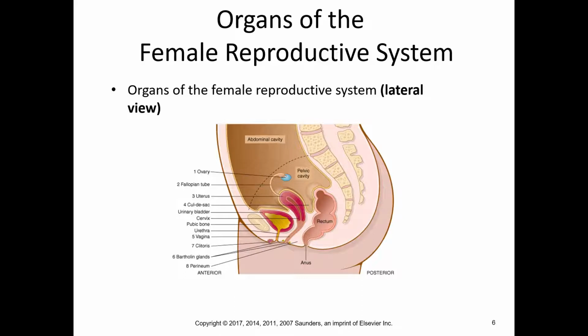The clitoris, an organ involved in sexual stimulation. Bartholin glands, which are small glands near the distal vaginal canal, which provide a mucousy type of lubricant. And number 8, the perineum, just the skin posterior to the vagina and anterior to the anus.